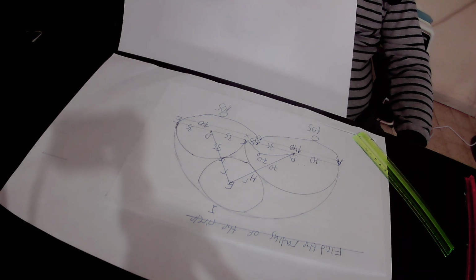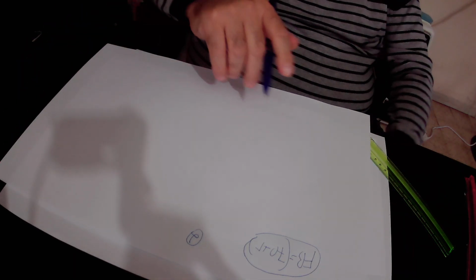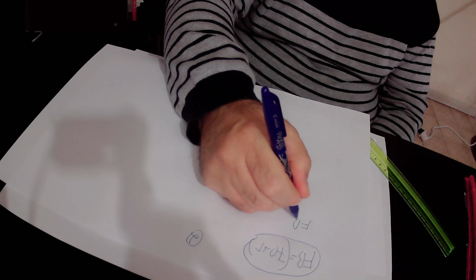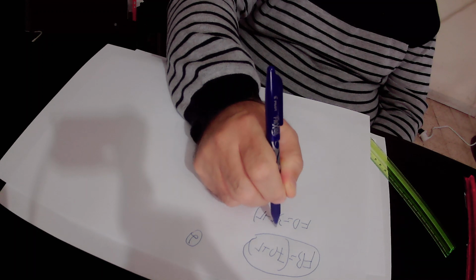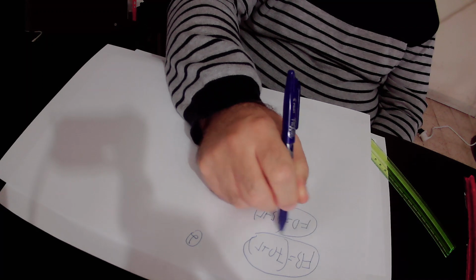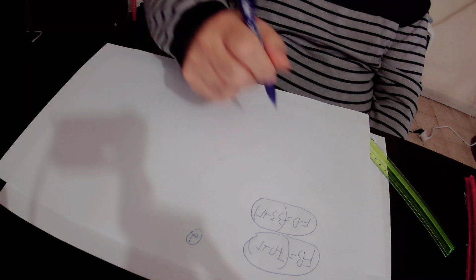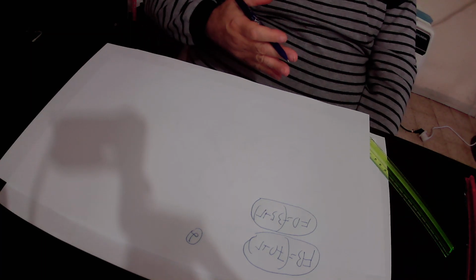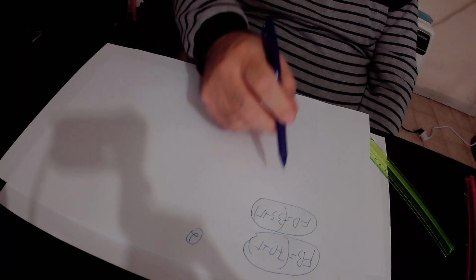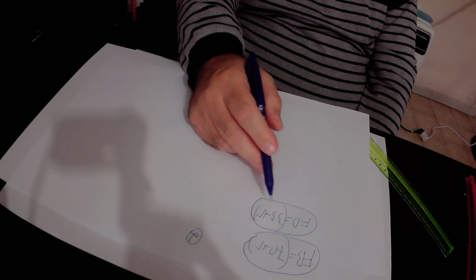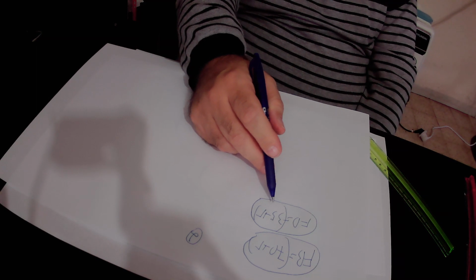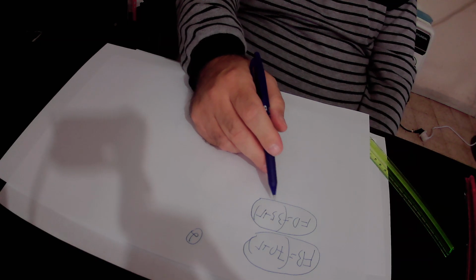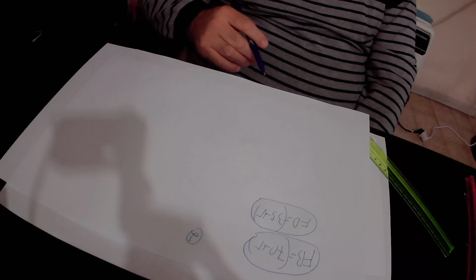I write it down: FD equals 35 plus R units. And 35 plus R is actually the addition of the two radii with each other. The radius of the smallest semicircle is 35 units, the radius of the small circle is R, and the addition of the two radii is 35 plus R, exactly like rule 11.